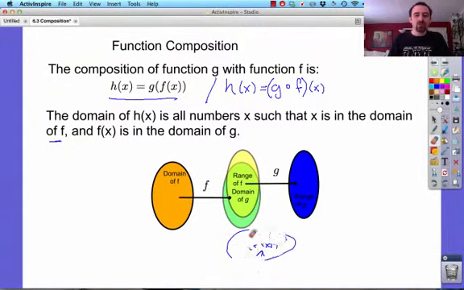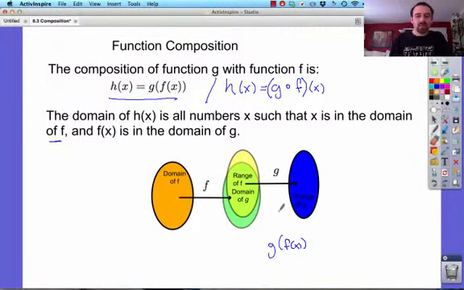Now likewise, there's also something else funny that can happen. We could have something that was in the domain of g, but there's no way for f to get to it.